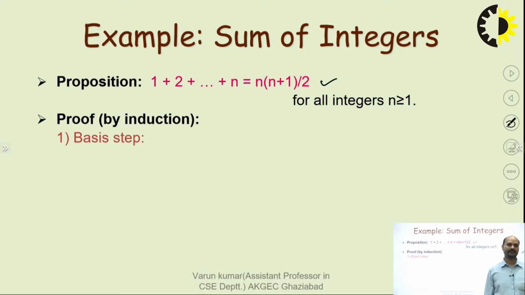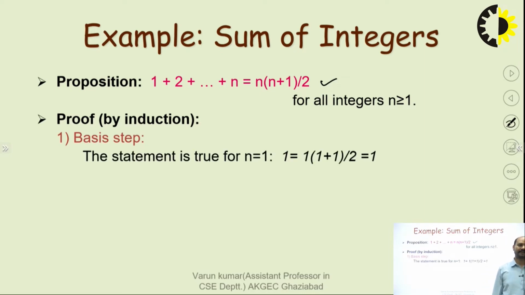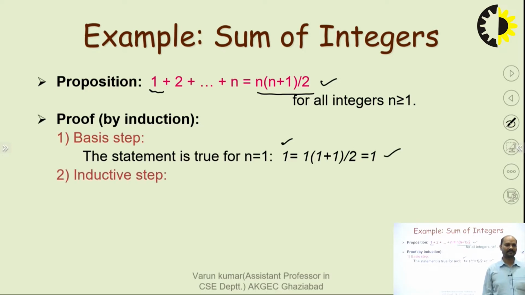We put n equal to 1. From the left hand side, we take only one term, that is 1, and in the right hand side we put n equal to 1. It means 1 into (1+1), that becomes 2, divided by 2, it is also 1. 1 is equal to 1, it means it is true for the basic step.